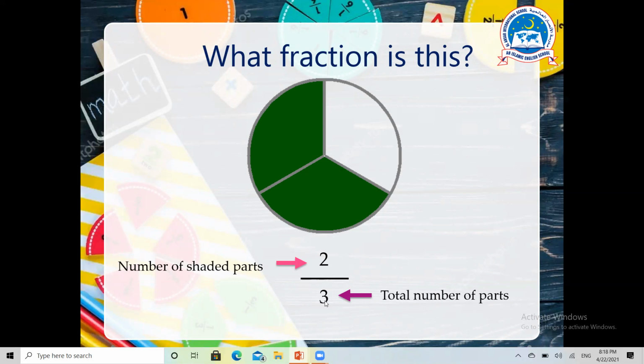So I write 3. The number of shaded parts, how many shaded parts? 1, 2. It is colored, it is shaded, right? So 2/3.